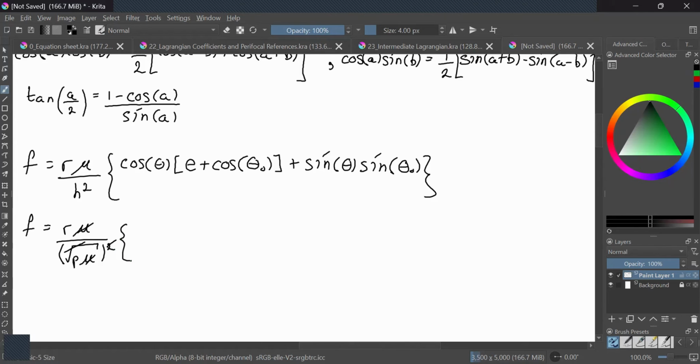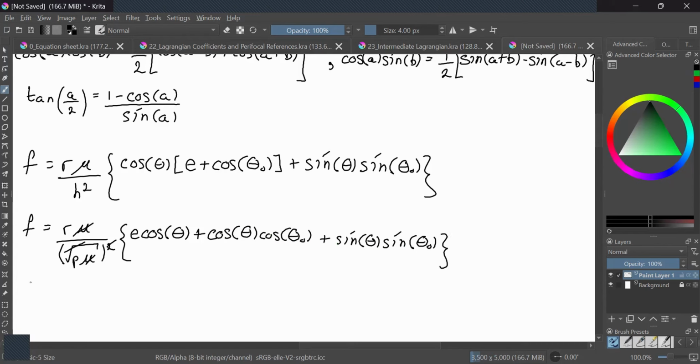We can then distribute this, so I will go ahead and do that, which I will take care of on the next one. E times the cosine of theta plus cosine of theta not plus sine of theta sine of theta not.